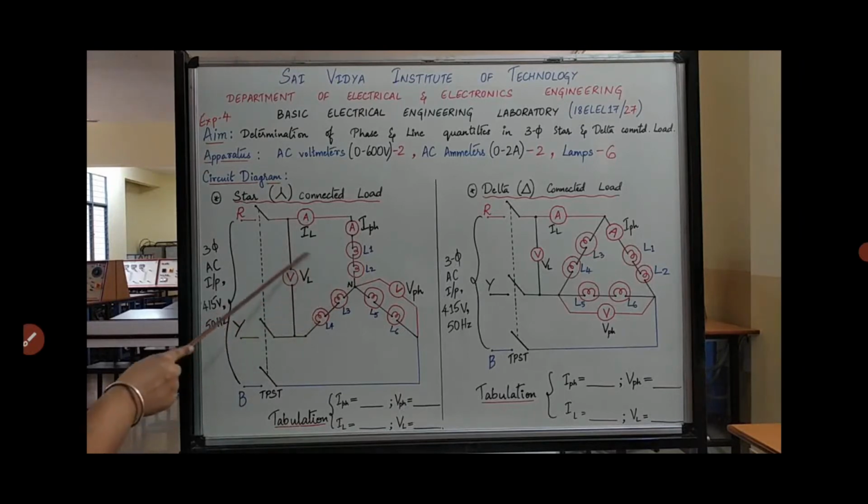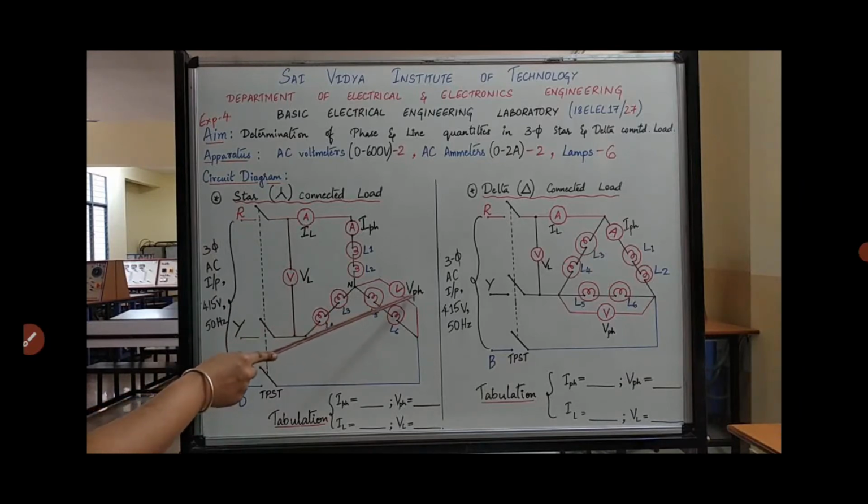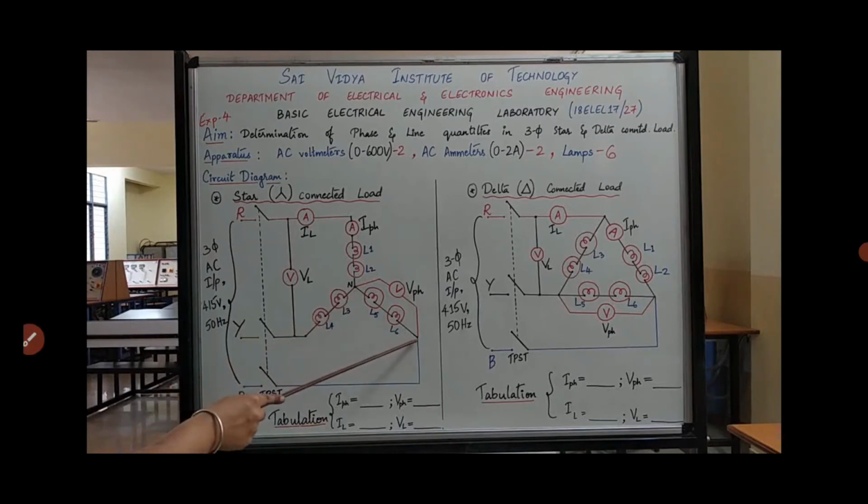Then this voltmeter VL is measured across the line supply R and Y. So this records the voltage VRY. Then we have connected another voltmeter across start and finish of B phase. So that records the phase voltage.